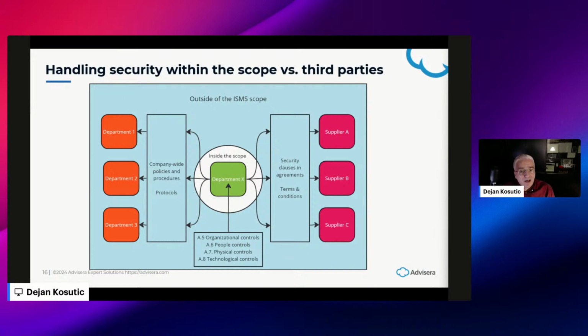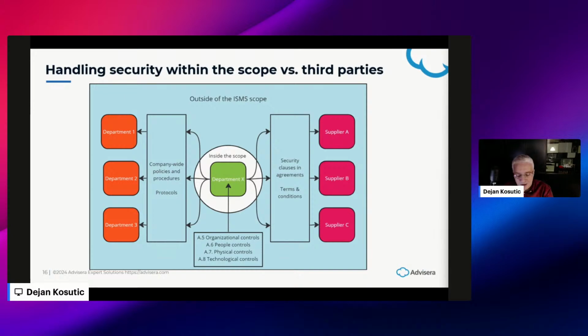Okay. Now, on the other hand, if you have some departments, this is on the left-hand side of this diagram, which are within your company but are outside of your scope, which again is very often the case for companies larger than 50 employees, you also have to treat these departments as external services.